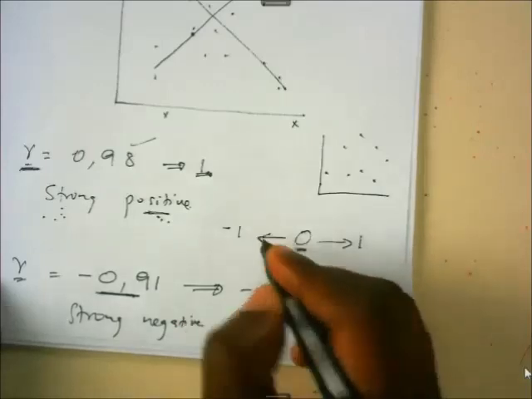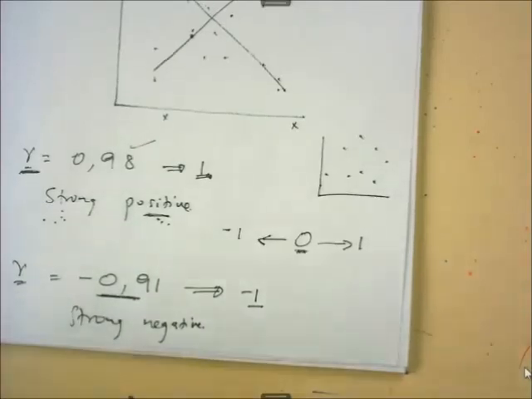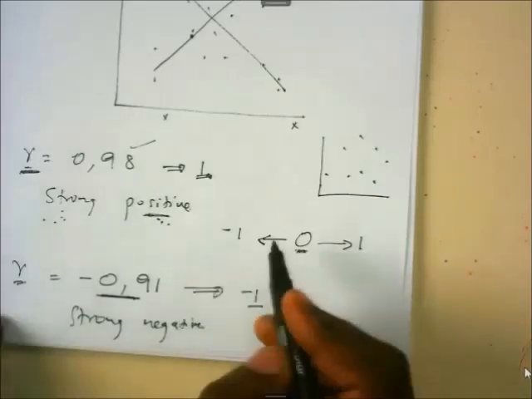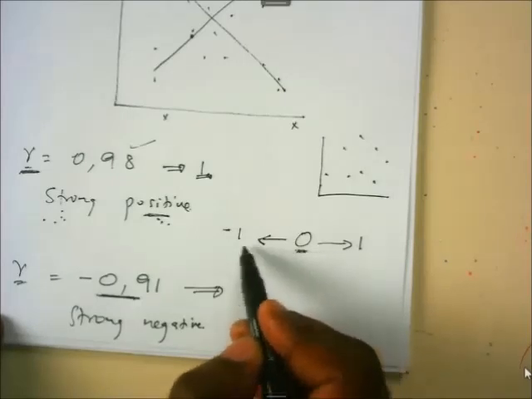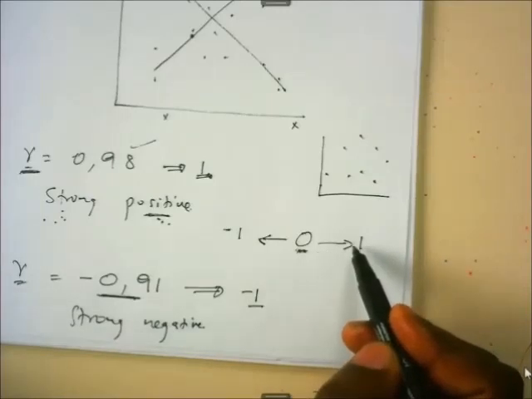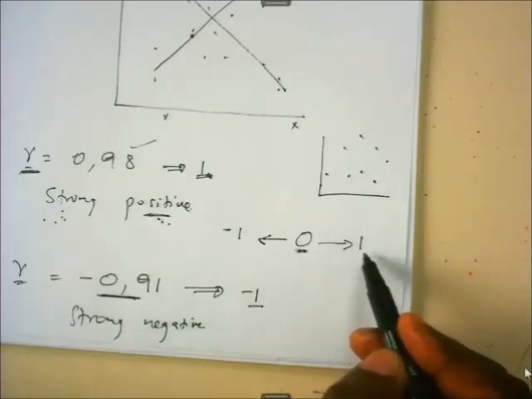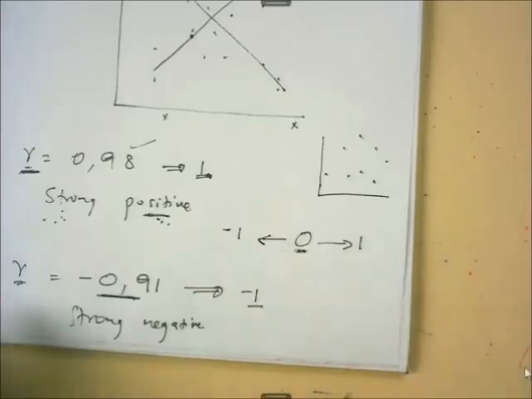When you go to a negative value, such as negative 0.1, negative 0.5, negative 0.7, or negative 0.8, it becomes a negative relationship, and you must determine whether it is weak, moderate, or strong. Even on the positive side, you must indicate if it's weak, moderate, or strong. Negative if the value goes to -1, positive if the value goes to +1.